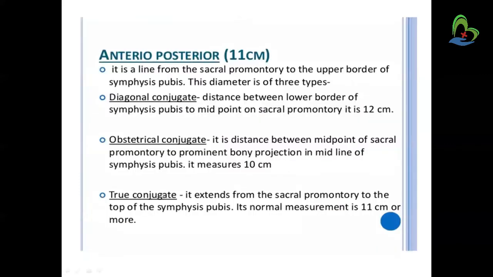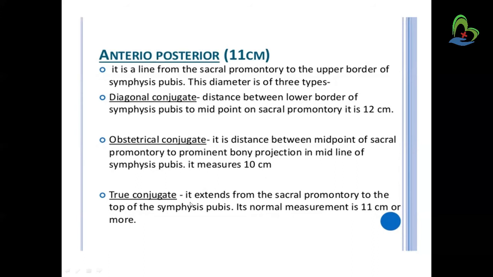Similarly, there is the obstetric conjugate. It is the distance measured between the midpoint of the sacral promontory and the prominent bony projection in the midline of the symphysis pubis. So from the midpoint of the sacral promontory we take the measurement till the midpoint of the symphysis pubis, and that measures about 10 centimeters.